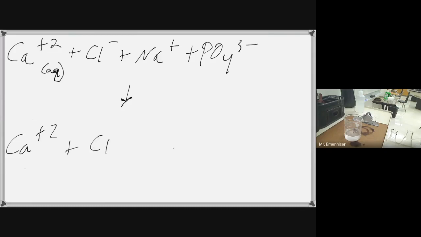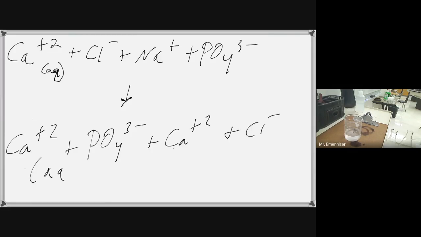Actually, we're going to have calcium and phosphate, PO4 3 minus. We're going to have some calcium ions. We're going to have some chloride ions. And these, again, are aqueous in solution, all of them. So these are my reactants. The bottom is my products. I have the same thing on both sides, so they cancel out.